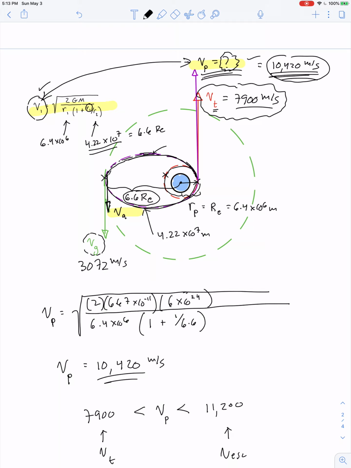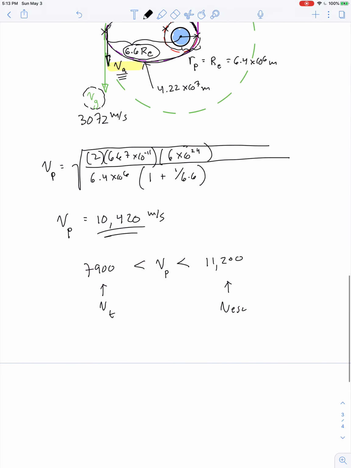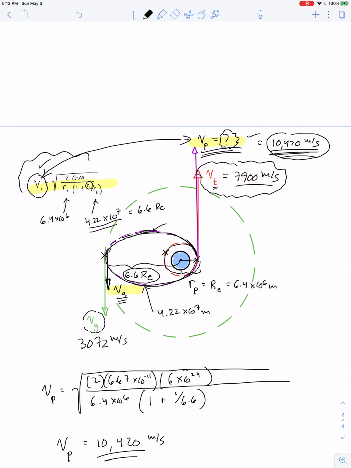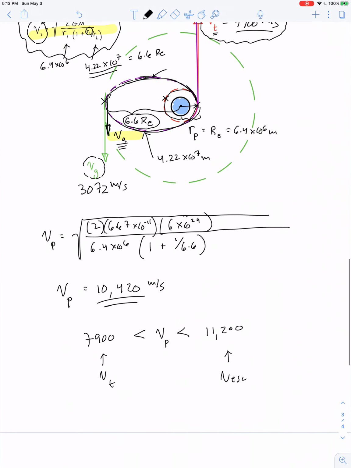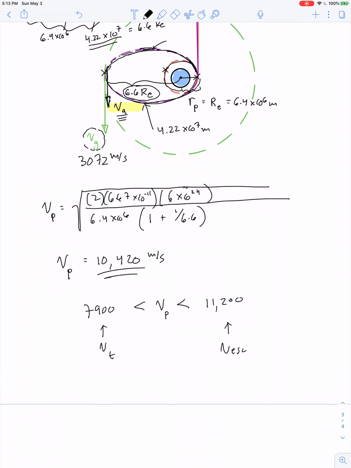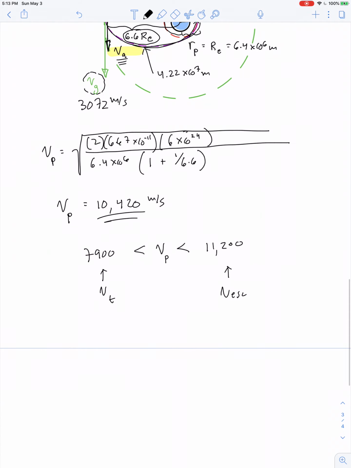So let's figure out what the speed would become at this position if no additional thrust was made. Well, this is easy. We don't actually have to apply this equation again, although we could. The easy way to do this one is just consider conservation of angular momentum. So m v1 r1 equals m v2 r2. We can cancel out the m. If we want, we can replace the subscripts. 1 represents perigee, and 2 represents apogee.